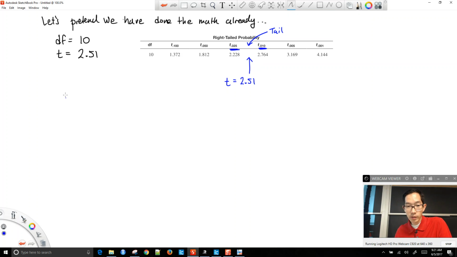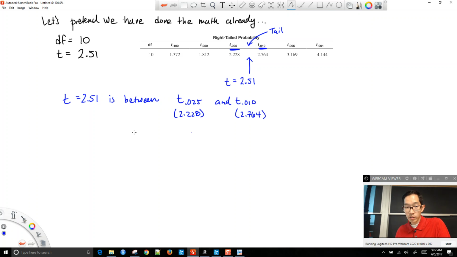So t equal to 2.51 is between t.025 and t.010. t.025 is 2.228 and t.010 is 2.764.